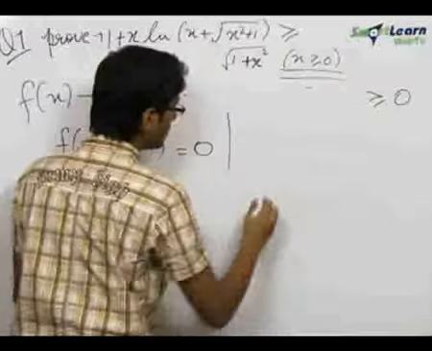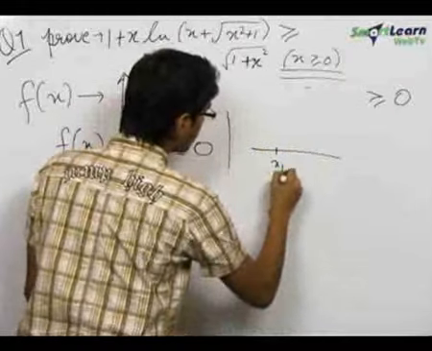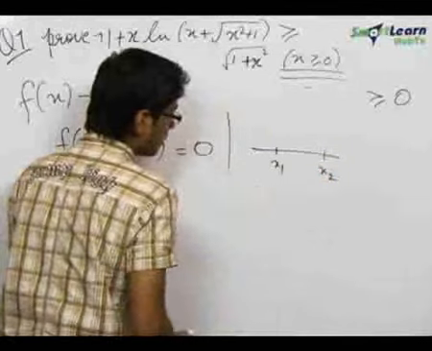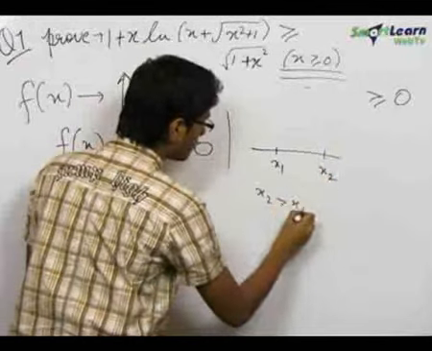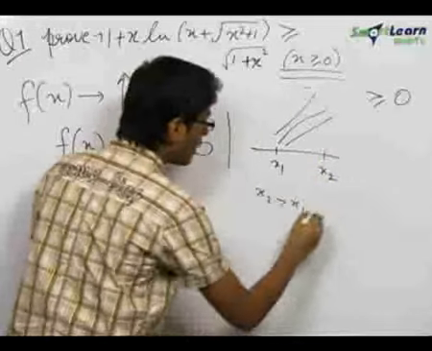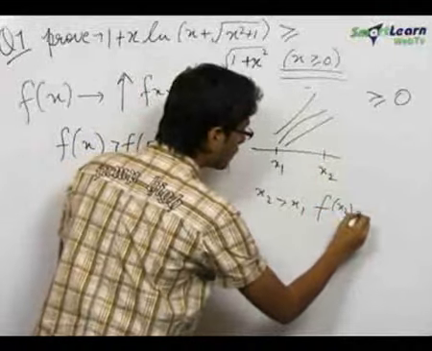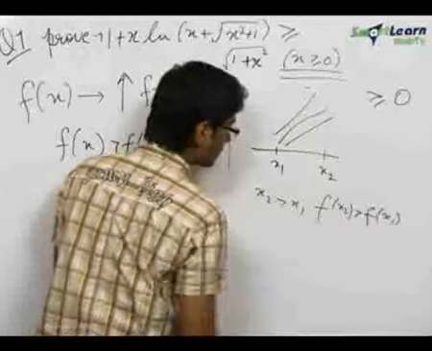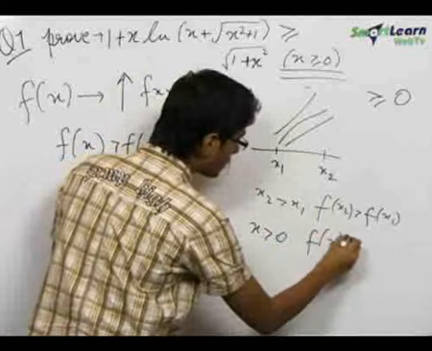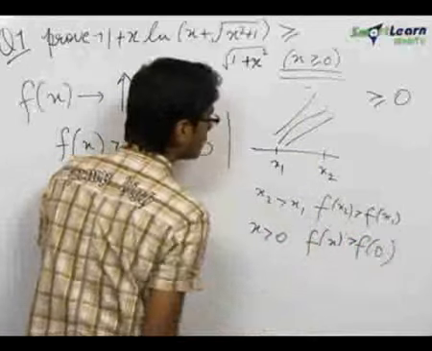Increasing function means if there is x equals to x1 and x equals to x2, then for x2 greater than x1, we have f of x2 greater than f of x1. So for x greater than 0, we have f of x greater than f of 0.